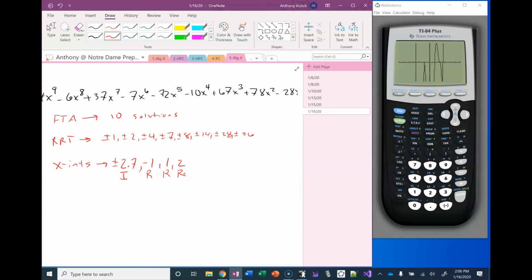Okay? Also, we should look for whether they are bends, bounces, or straights. So negative 2.7, is that a bend, bounce, or straight? That's a straight. How about positive 2.7? Also a straight. Okay. Negative 1.